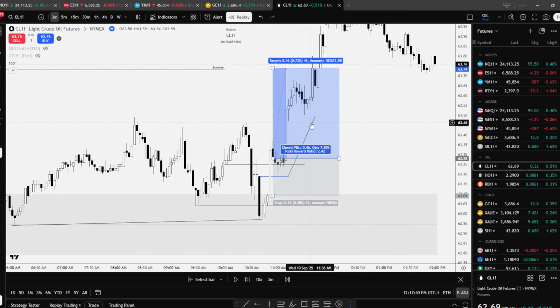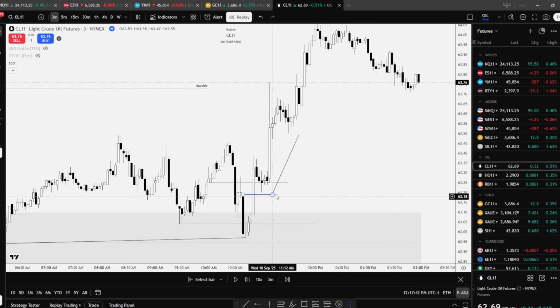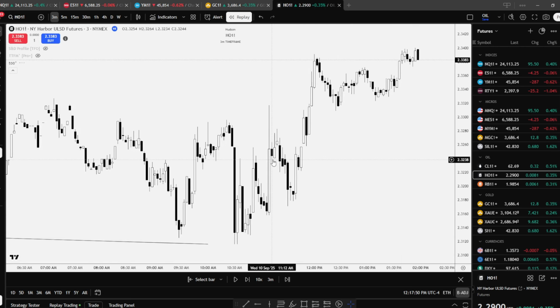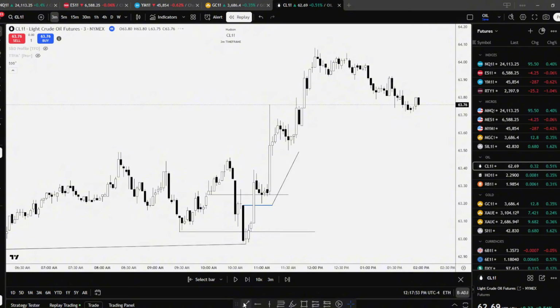Now, I said that we had this second stage SMT. So if you waited for the second stage SMT, let's see, 11:12. Okay, so that's an SMT fill. So right here we have two SMTs. So if you waited for the second stage, we have an SMT with a 30-minute low, and we have an SMT right here.